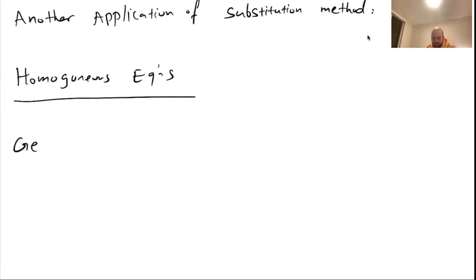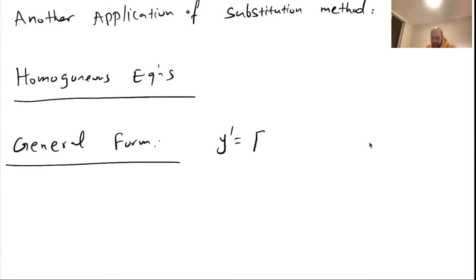So the general form of a homogeneous equation is an equation of the form, let's say, y prime equals capital F of y over x, where capital F is an arbitrary function.